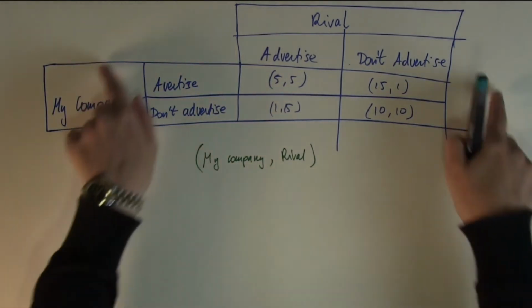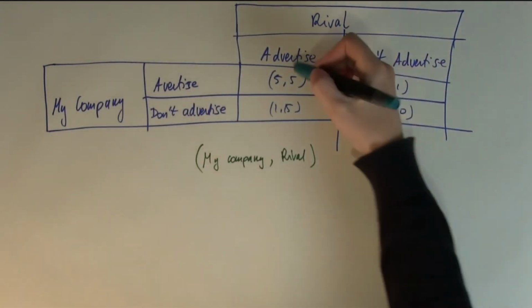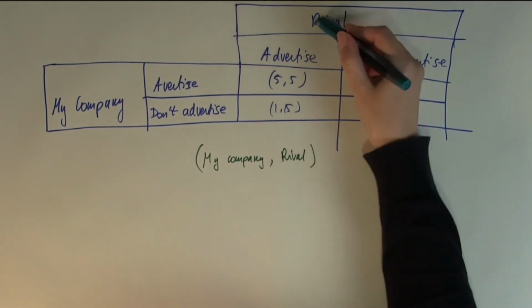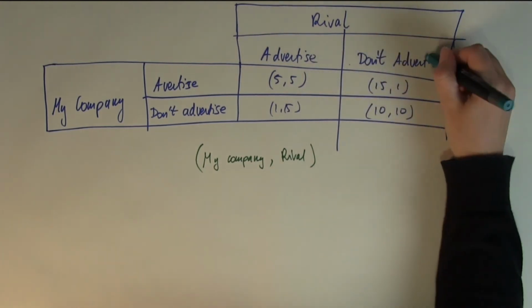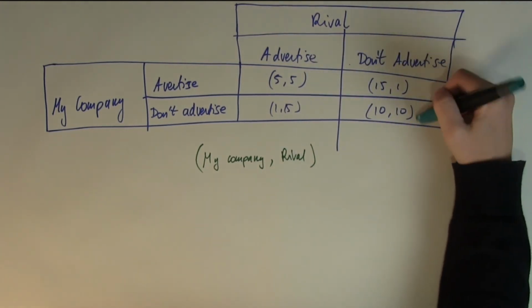Now, when you look at this table, the rival position is always the second. So the rival can either advertise, which would be these two scenarios, or not advertise, which would be these two scenarios.